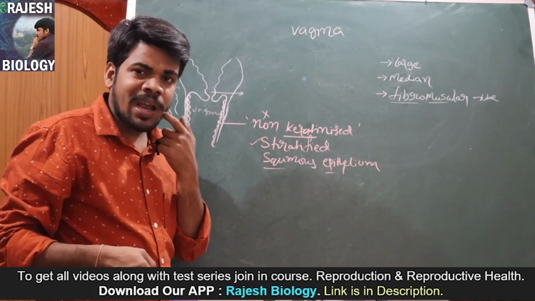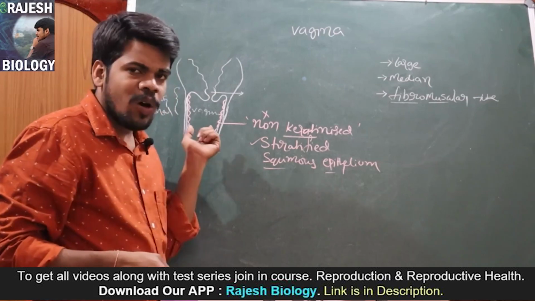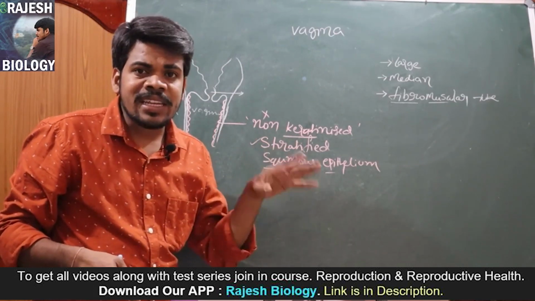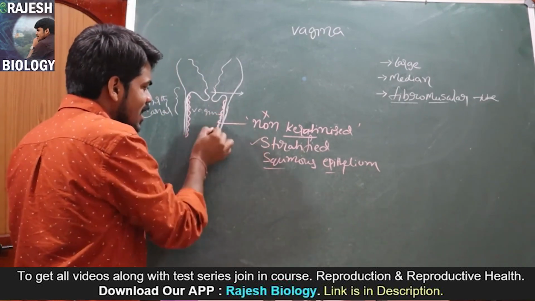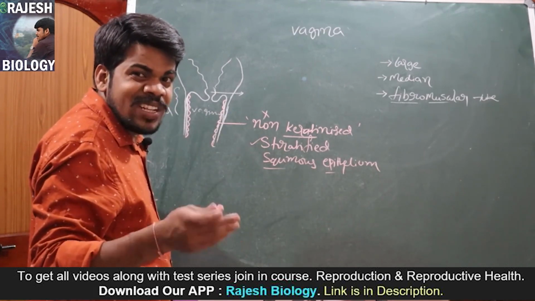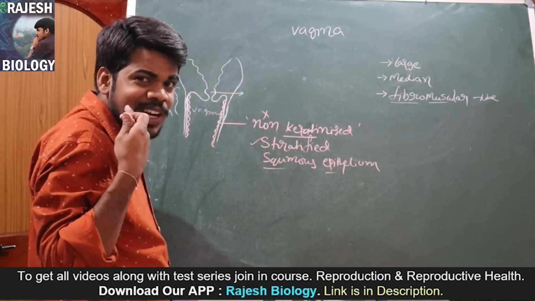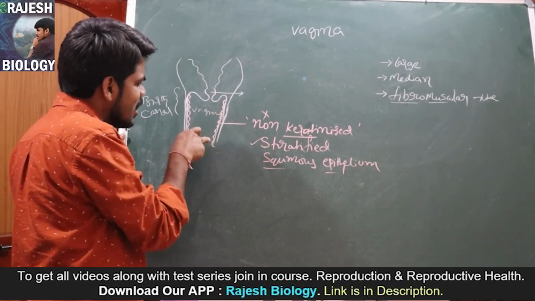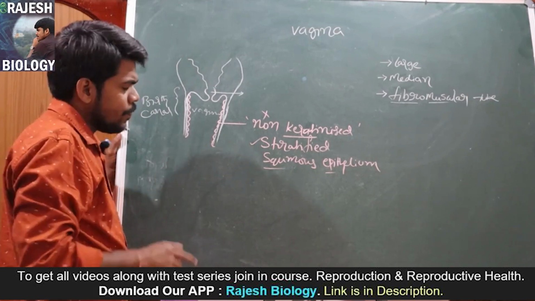That's why our oral cavity and the vagina are lined by non-keratinized stratified squamous epithelium. That's why the vagina secretes mucus and is always wet. Our oral cavity is also wet because it is non-keratinized.